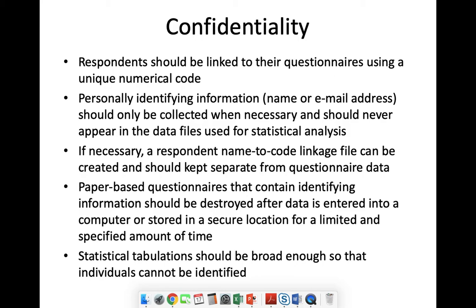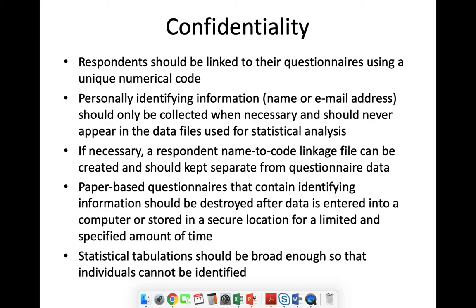Another way to reduce social desirability is to increase confidentiality, or to assure people of confidentiality. And there's a couple of different ways in which you could do that. Again, confidentiality is not the same as anonymity. Anonymity means people don't provide any personally identifying information.